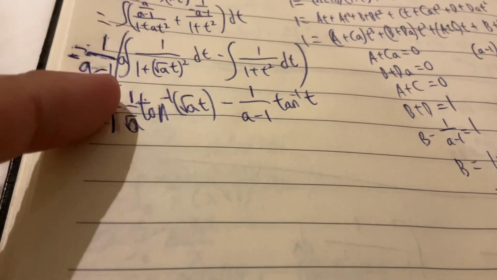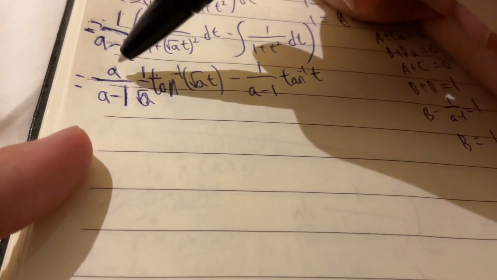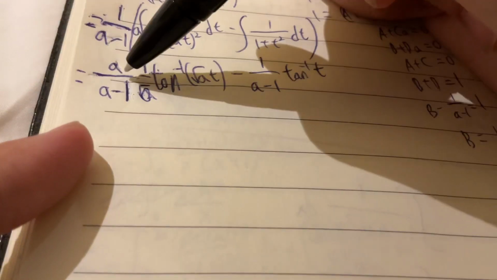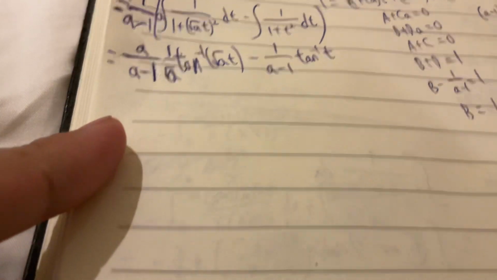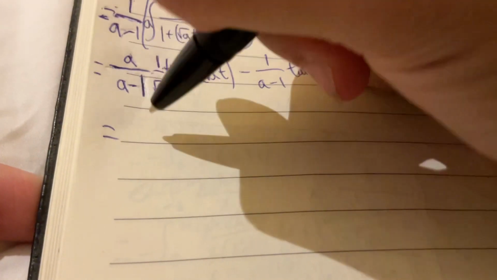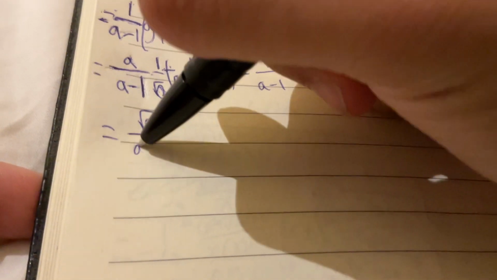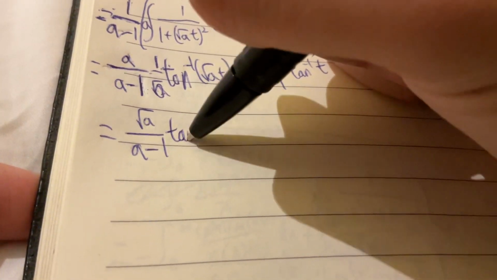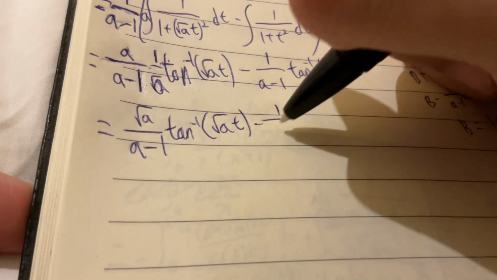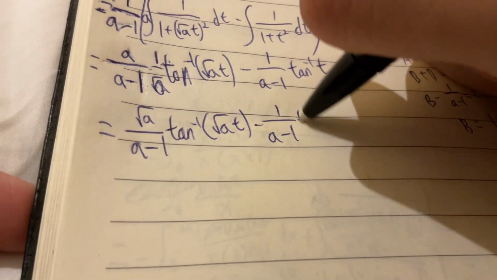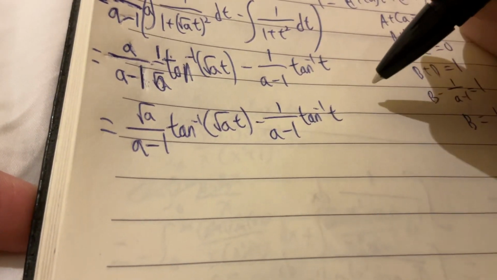But no, we can simplify. This is a power of 1 over square root of a. So this is just square root of a, right? Square root of a over a minus 1, you multiply by inverse tangent of square root of a times t, minus 1 over a minus 1 times inverse tangent of t.